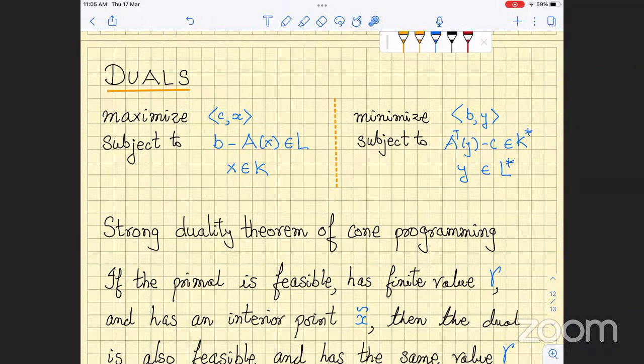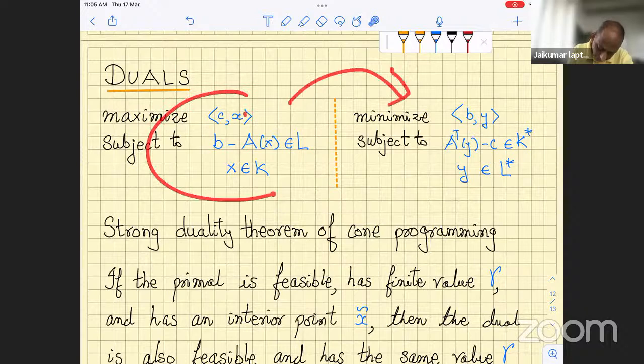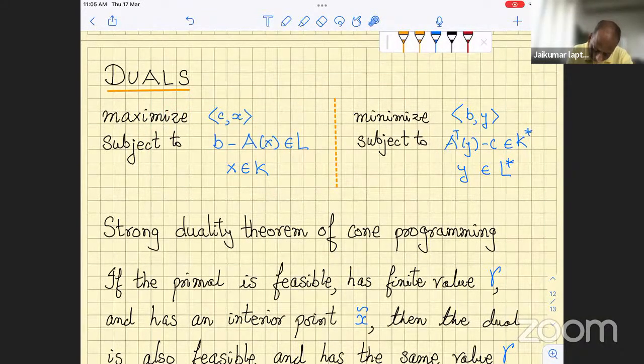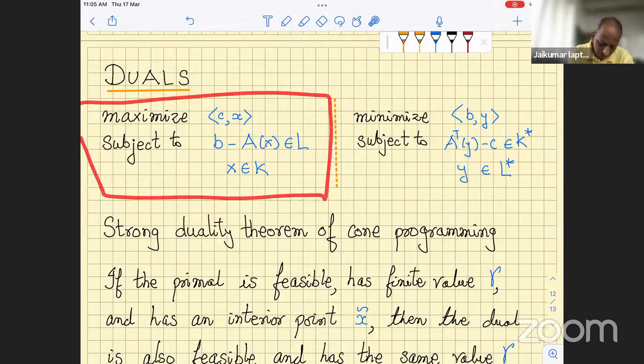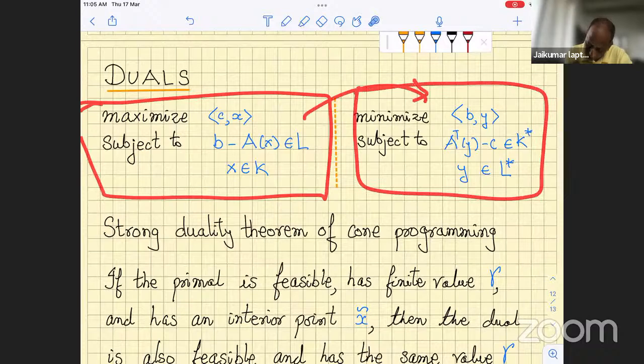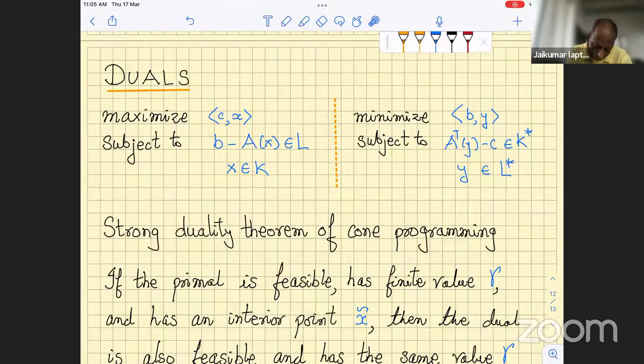And then there is a way of constructing from a cone program, just like LP duality. There is a recipe for going from a cone program to its dual cone program. And then one can ask, what is the relationship between the objects?